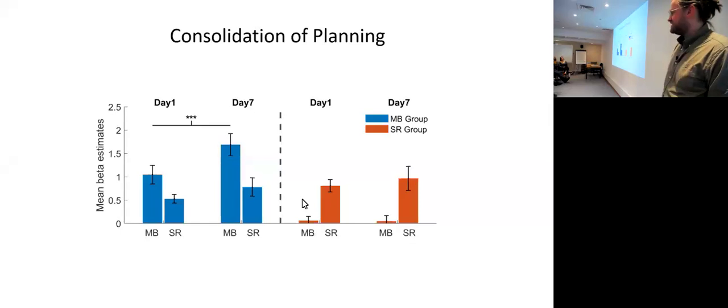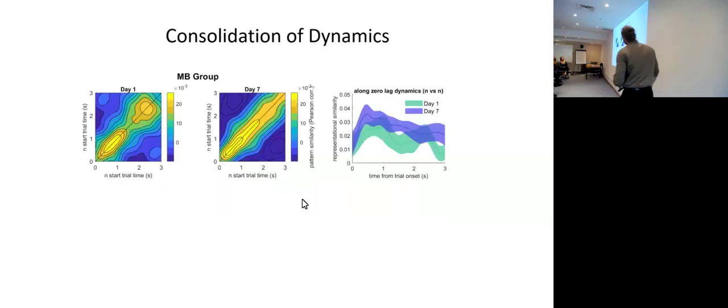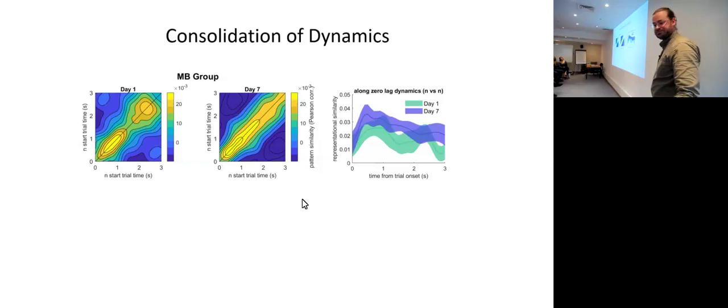And what's amazing, if you look at these metrics that I have of sequential dynamics, so first looking at the n versus the n in the model-based group, you see that it just cleans up so nicely by the time they come back. And in fact, if I do the average along that line, you see that it's way above the day 1 representational similarity throughout the 3 seconds.